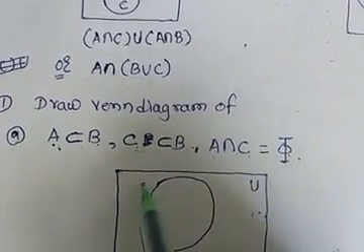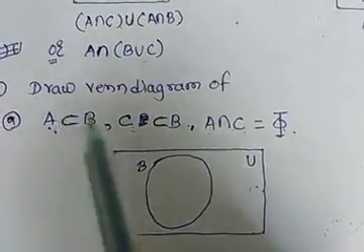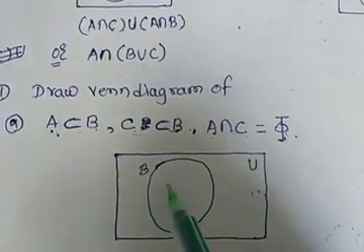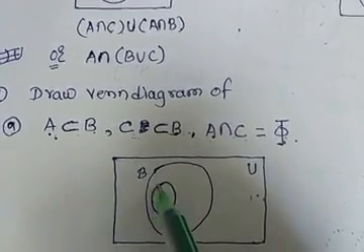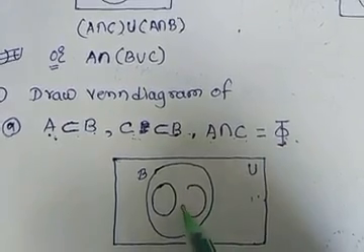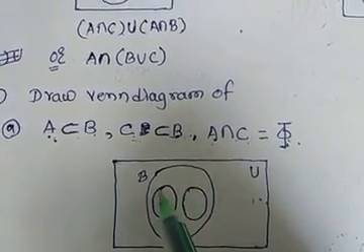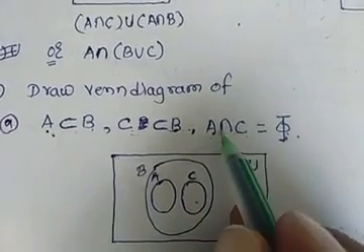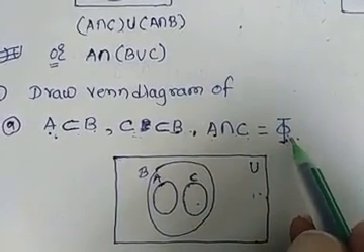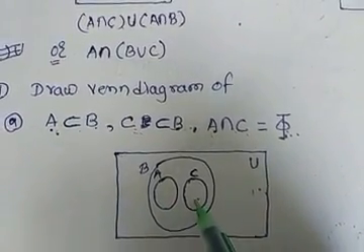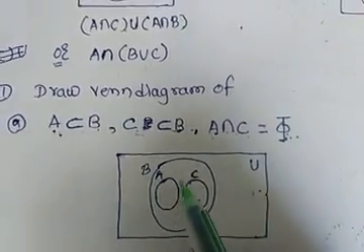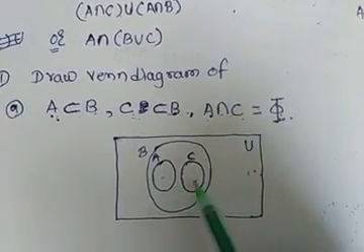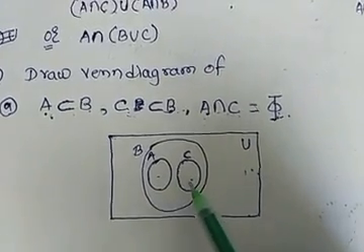This is our set B, and A and C are contained in B. The intersection is empty, so we have to draw two disjoint sets, A and C. There is no common part because A intersection C is equal to empty set. If it were not empty, we would have to show some common part between A and C. Here it is empty, so we do not show any common part between sets A and C.